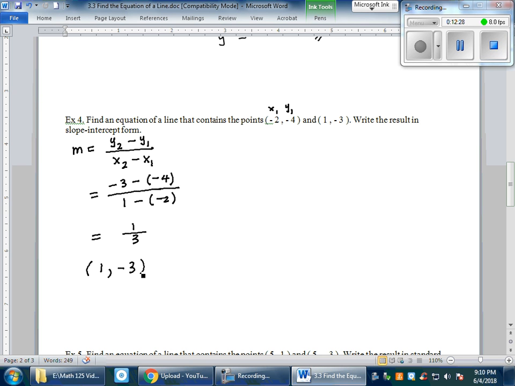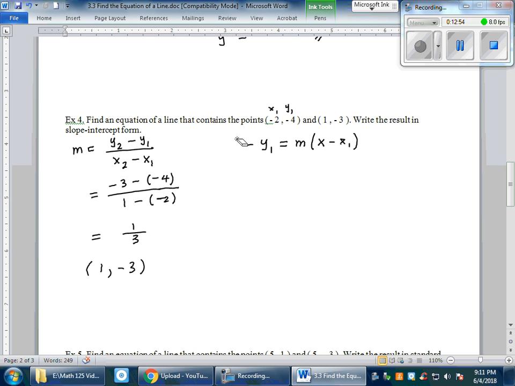So now I'm going to use the slope 1/3 and the point 1, -3. Since the point is not the y-intercept, we will start with the point-slope formula, which is y minus y sub 1 equal to m times the quantity x minus x sub 1.